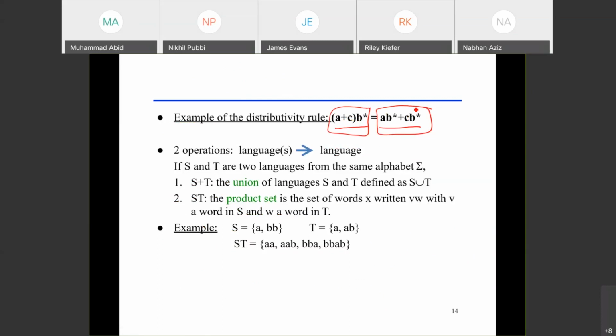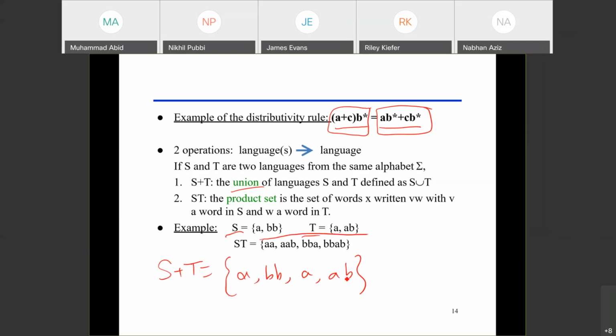Okay. So now if we say that we have two languages, let's say S and T, and I am interested to find S plus T, which is our union set. It only means that you just combine all the sets of this language: A, B, B, A, and AB.